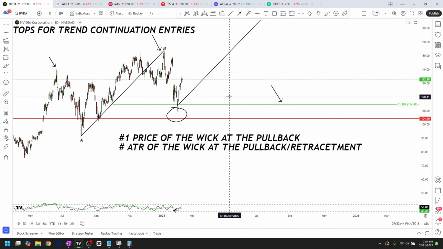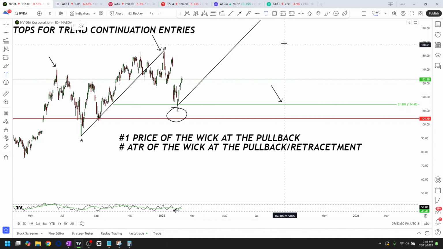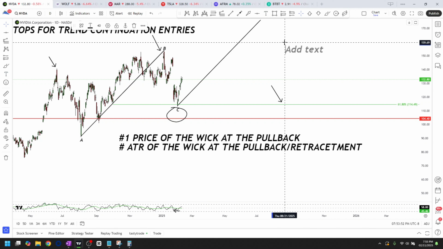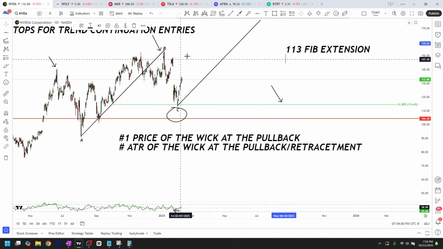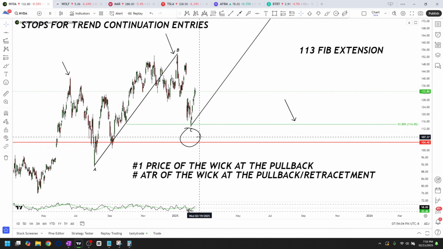The second way is using a Fibonacci for the stop. In this case, it's going to be the 113 fib extension. So basically looking at this right here, and you will probably see these two line up with each other, but let's find out.